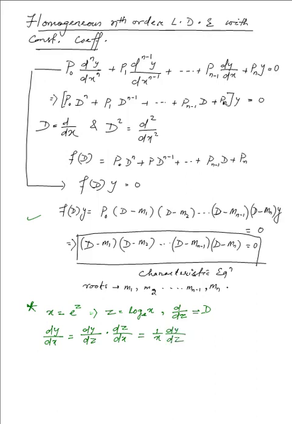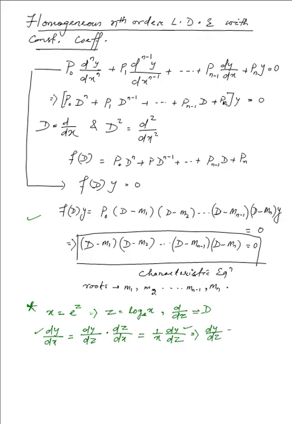So what that leads us to is that this dy by dx is finally coming out to be 1 upon x dy by dz.